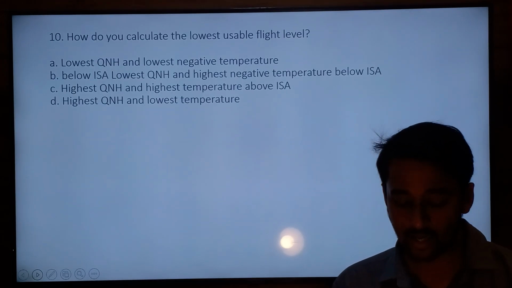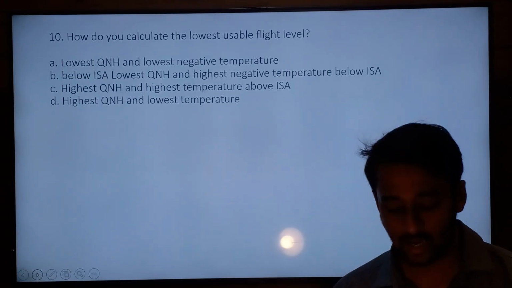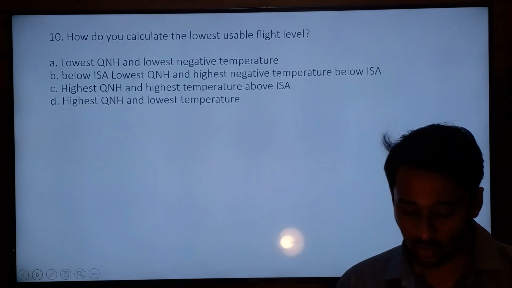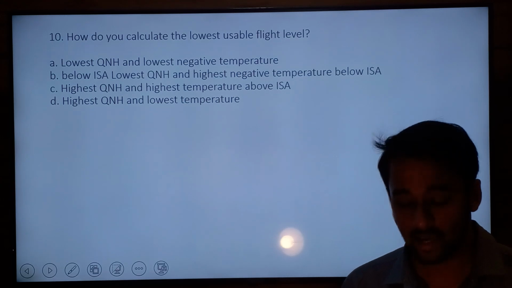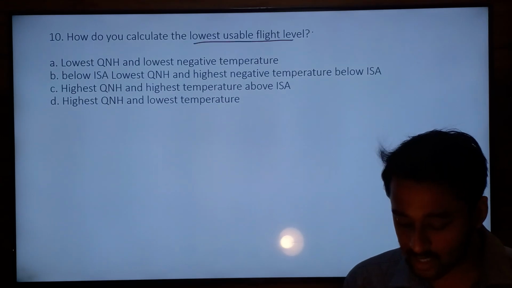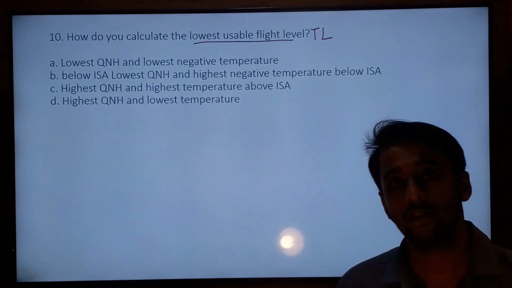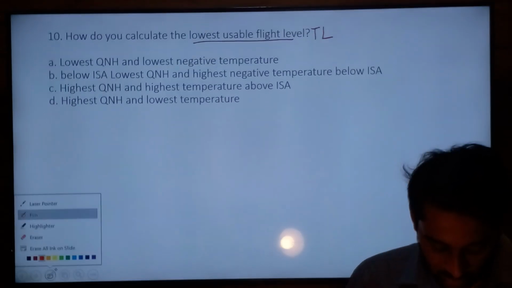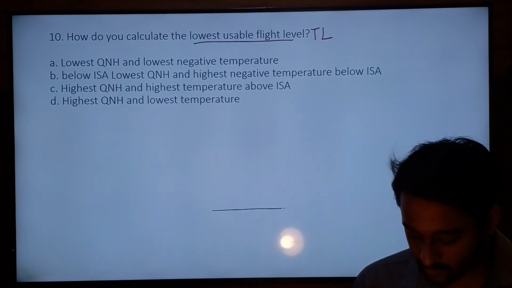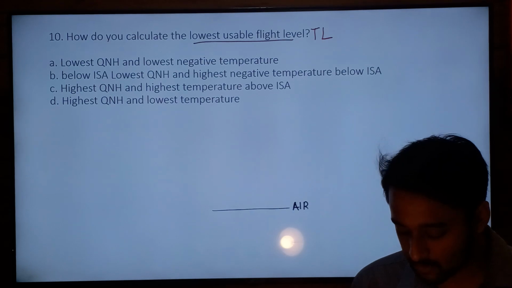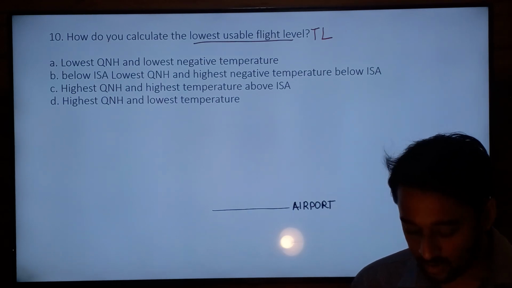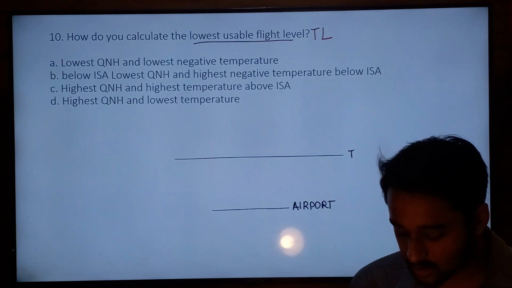How do you calculate the lowest usable flight level? So the lowest usable flight level basically means transition level. Now we have the airport over here. Let's say we have an airport. We have a transition altitude.